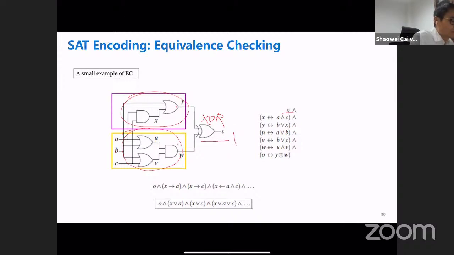So we have a unit clause here such that this final output is 1. All this corresponds to the gates here by the Tseitin transformation, and then we can expand this out as a CNF. Finally, we have a CNF and call a SAT solver to solve this.